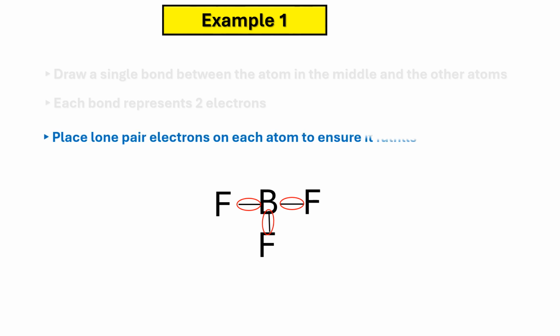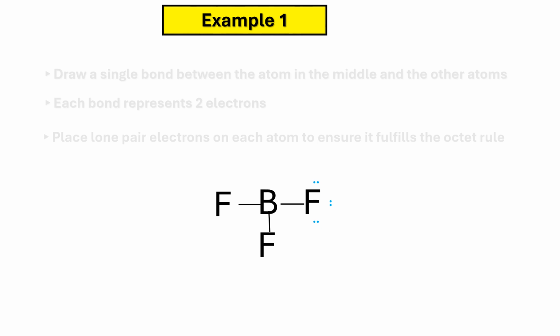The next step is to place lone pair electrons on each atom to ensure they all fulfill the octet rule. So let's do so for the fluorine. Fluorine already has 2 with the bond that was formed, so we need to add 6 more electrons.